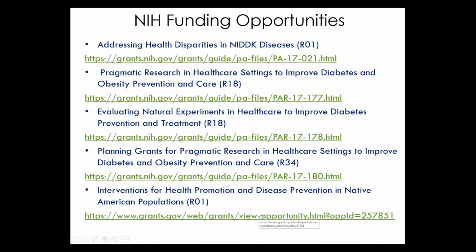And then there's a series of related funding opportunities, and this is just a small set of 5 different program announcements that we put together that specifically focus on diabetes and obesity in a variety of settings, some very heavily focused on Native American populations, and some very heavily focused on D&I, a variety of different mechanisms.